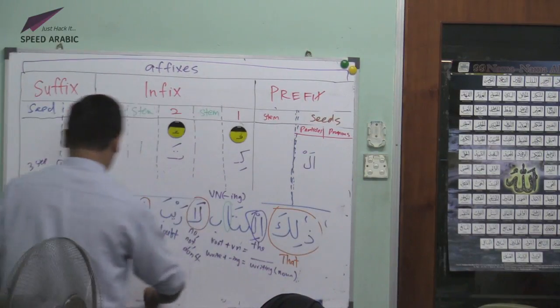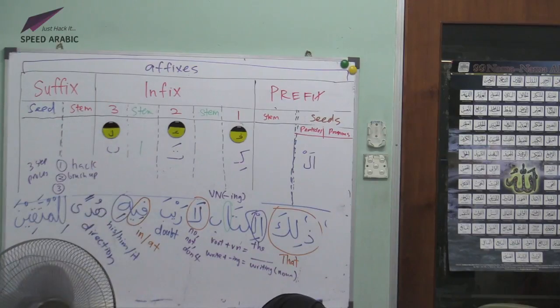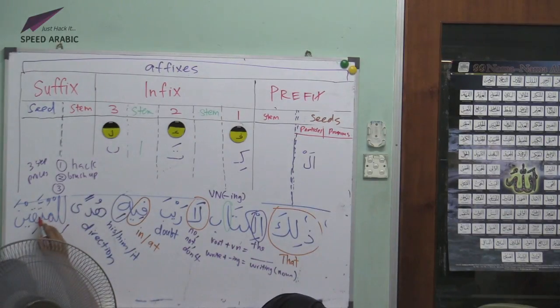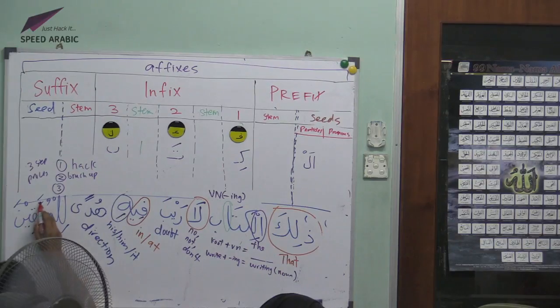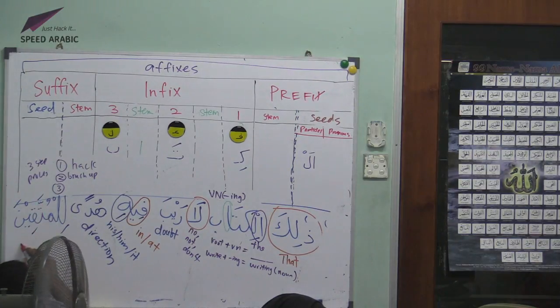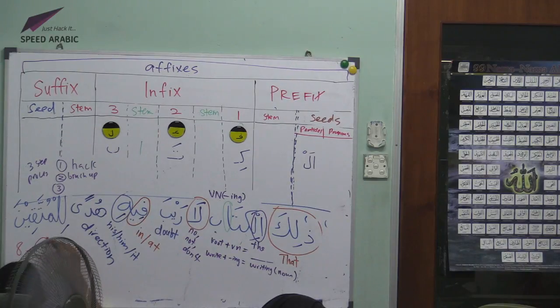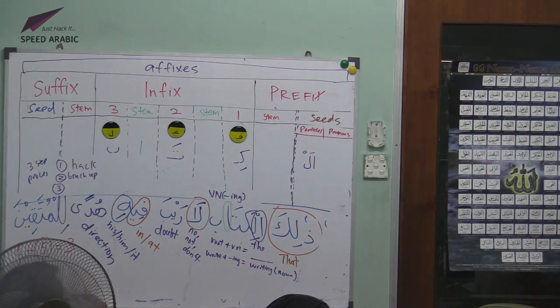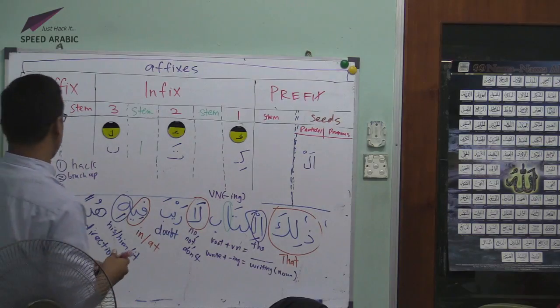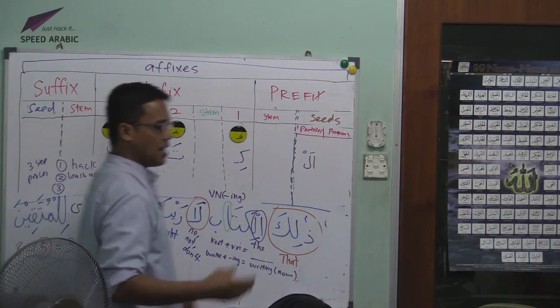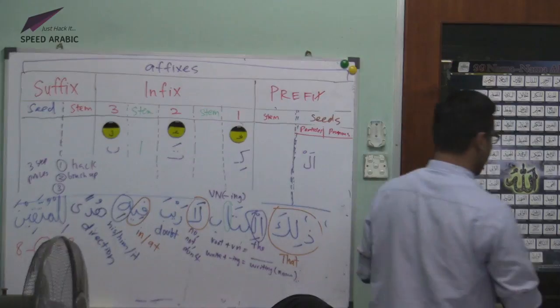Can anybody count? Then this one? 8, right? So 8 minus 5. We've got to find 5 affixes there.